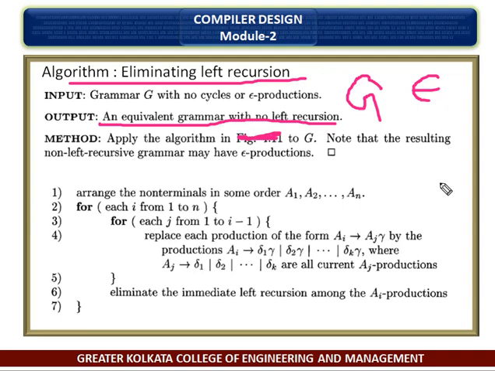For that purpose an equivalent grammar with no recursion will be generated, though it may have an epsilon production.